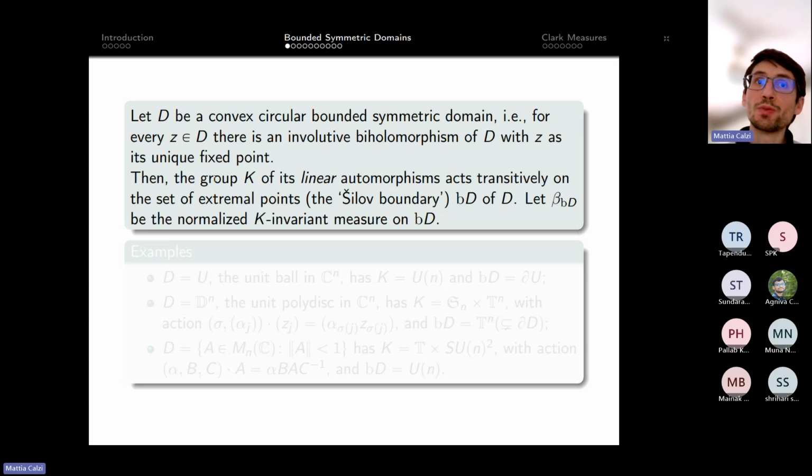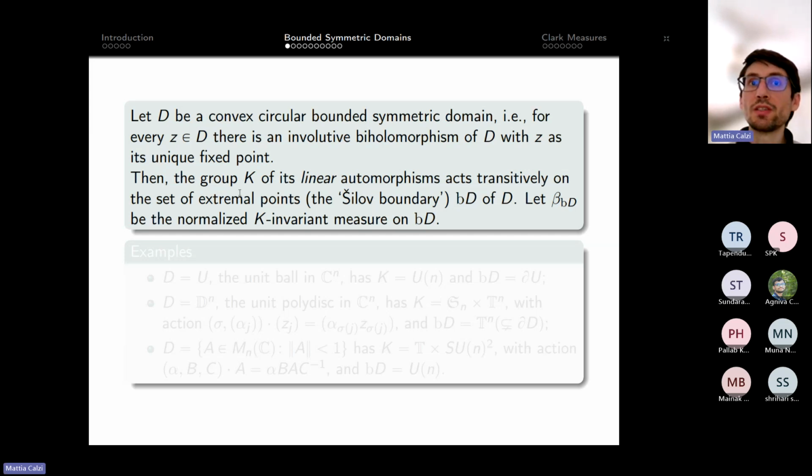It is important to know that the group of linear biholomorphisms of D does not act transitively on D, but acts transitively on the set of extremal points of D, which I will denote by bD, and is often called the Shilov boundary. This is also the smallest closed set of the closure of D for which the maximum modulus principle holds for a function which extends by continuity.